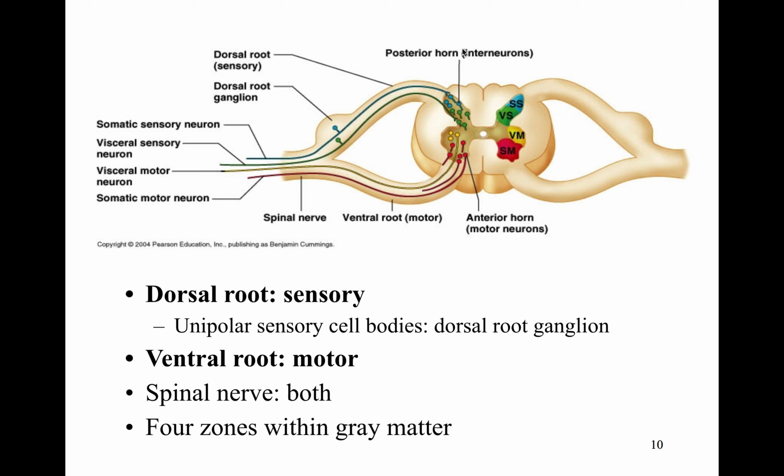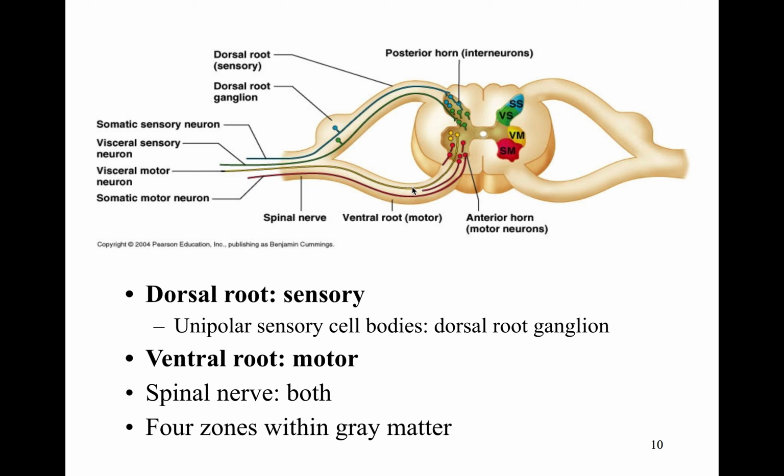Motor output is going to extend down through the spinal cord. We're going to have motor neurons existing in our lateral and our ventral horns of gray matter. So the neuron cell bodies are going to be located in the lateral and the ventral horns of gray matter of the spinal cord. And then the axons of those motor neurons are going to extend out through the ventral root of the spinal nerve.